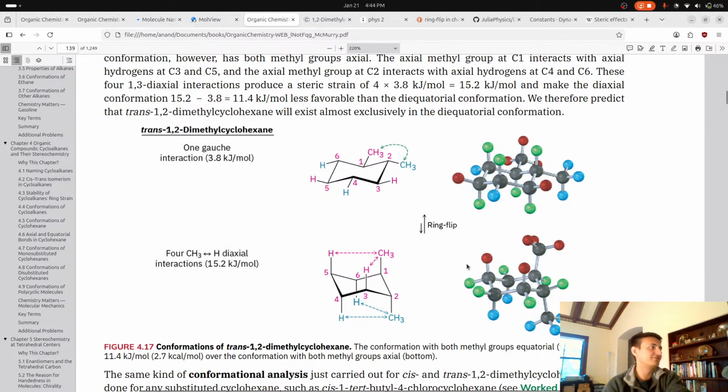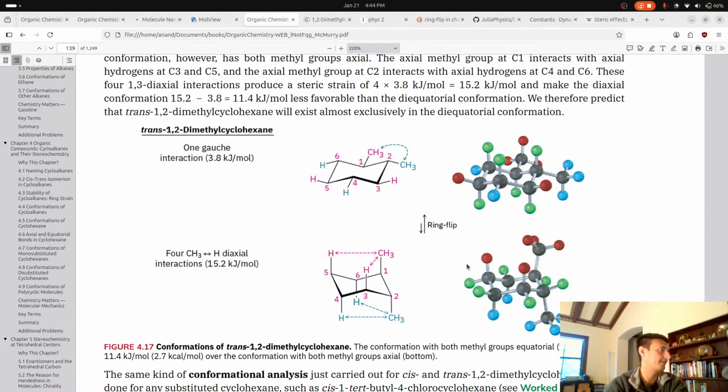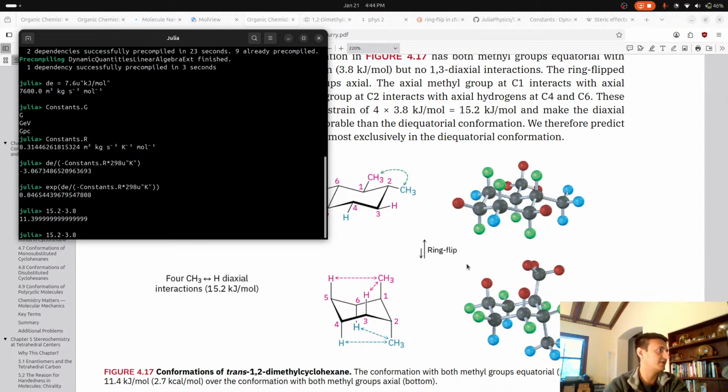But so if you, 3.8, right? So we need to calculate delta energy.